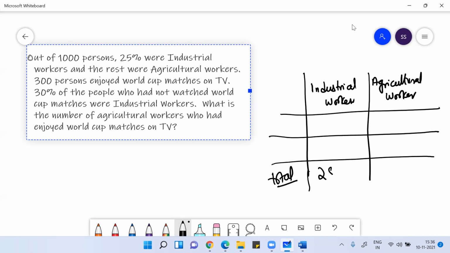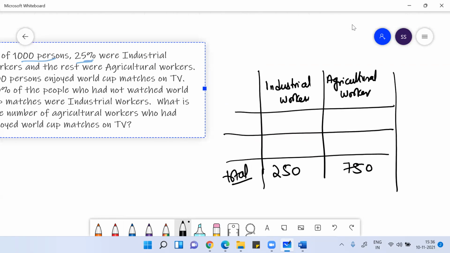The remaining would be agricultural workers, so 750. Clear everyone? And the total is 1,000.